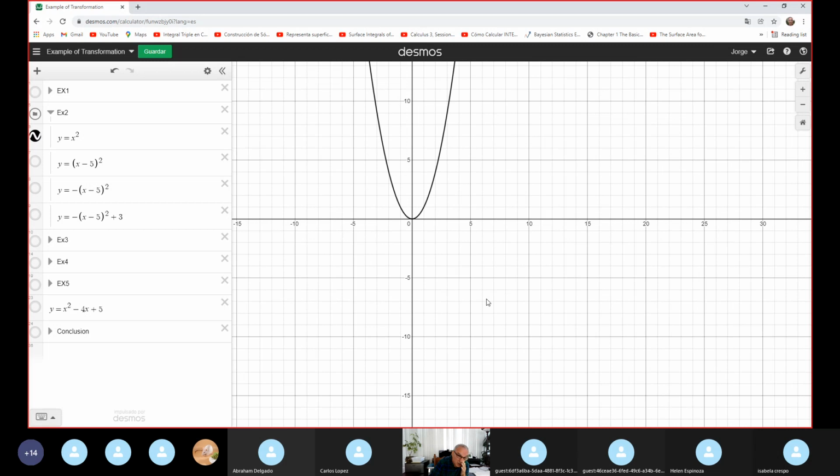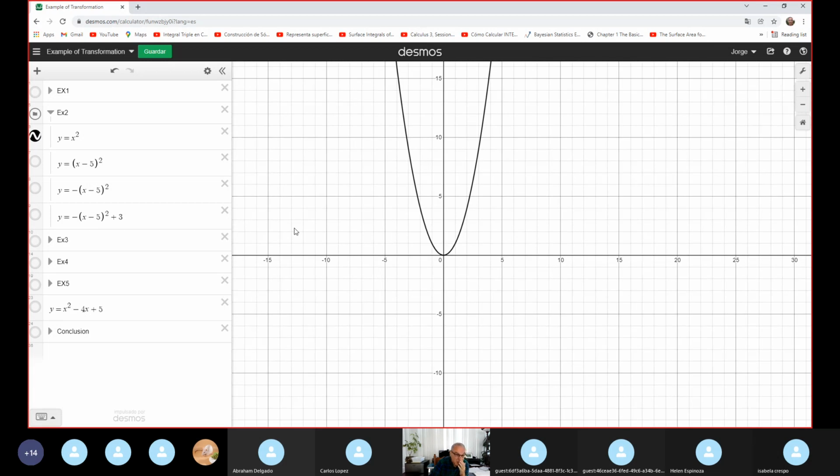This is the original parabola. So the first transformation that I can see is a horizontal shift: minus 5, horizontal shift 5 units to the right. Remember, negative, right. Boom. This is my new one.